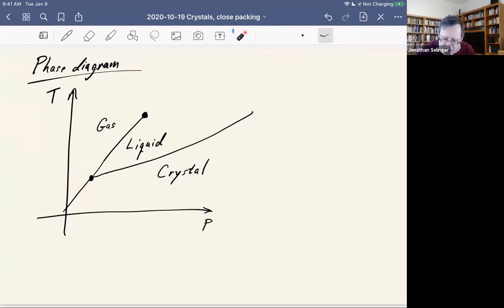The word for going directly from crystal to gas is sublimation. Going from crystal to liquid is called melting. Going from liquid to crystal is called freezing or crystallization.